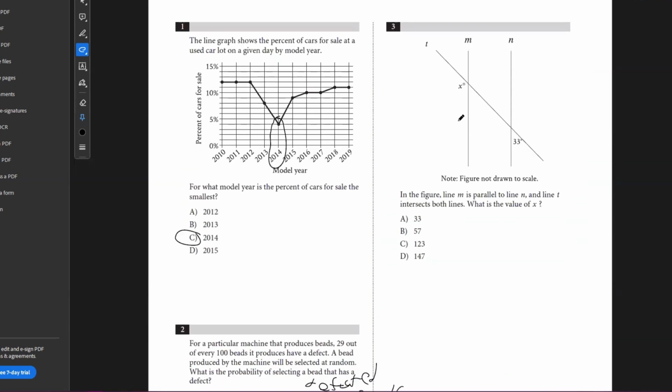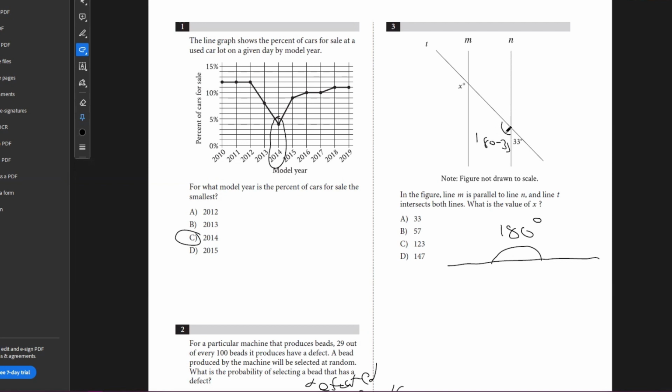So here's a geometry question. In the figure, line M is parallel to line N, and line T intersects both lines. What is the value of x? All right, so first of all, a straight horizontal line has an angle of 180 degrees. So if we just look a little bit differently, we're going to see that this is also 180 degrees, but this is going to be 180 minus 33.